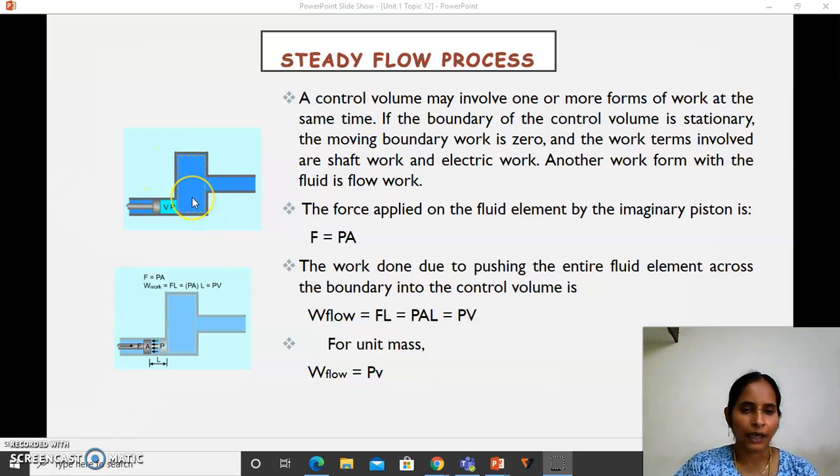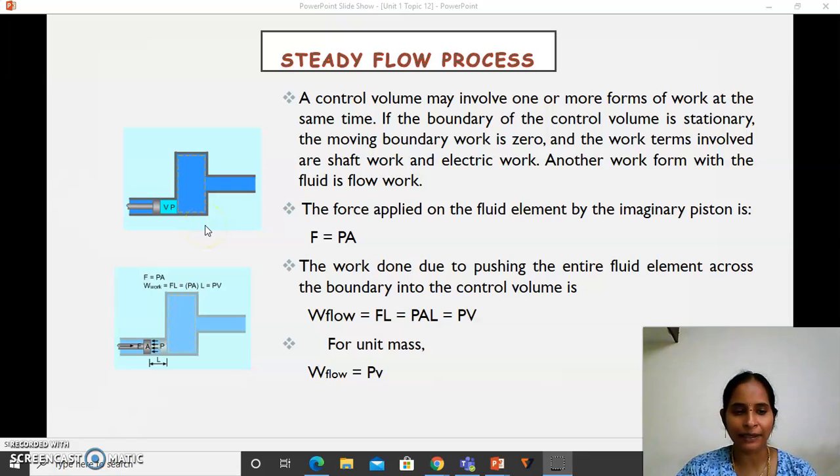Another thing here: as we have already defined, the system is surrounded by the boundary, right? The boundary could be imaginary or real, or it can be flexible, either fixed or moving. But here the control surface is not moving like the boundary.